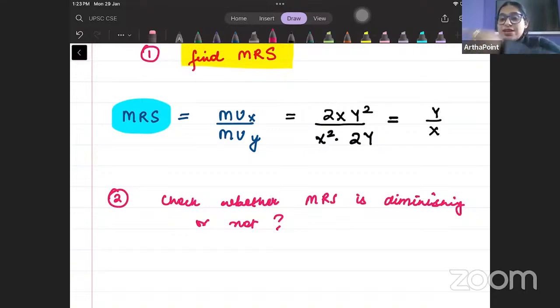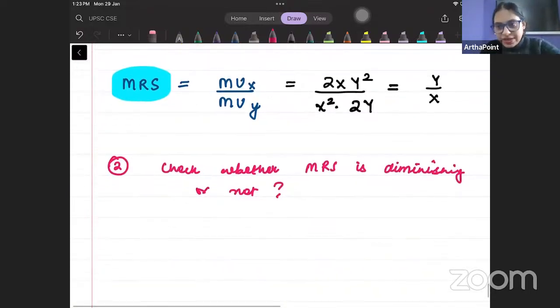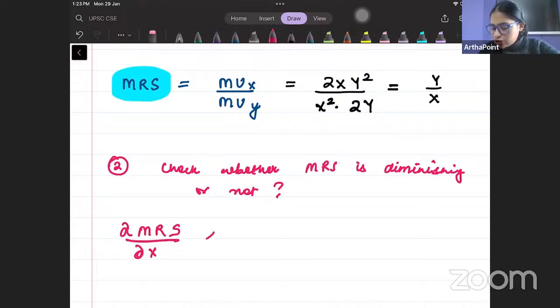That as you increase x, you will give less and less of y. जैसे जैसे x बढ़ता जाएगा, आपका MRS गिरता जाएगा. So in order to check diminishing MRS, mathematically, you will always differentiate with respect to x and it should come less than 0. अगर x से differentiate करने पर आपका answer less than 0 आता है, if it comes negative, you have diminishing MRS.